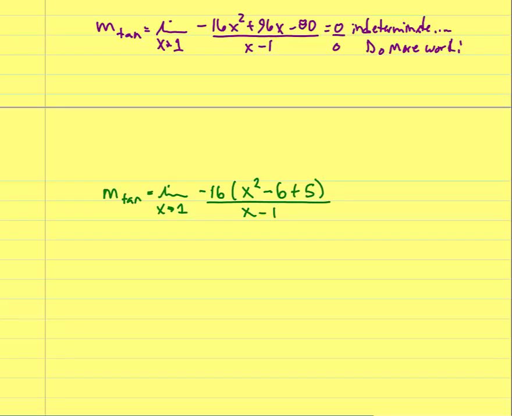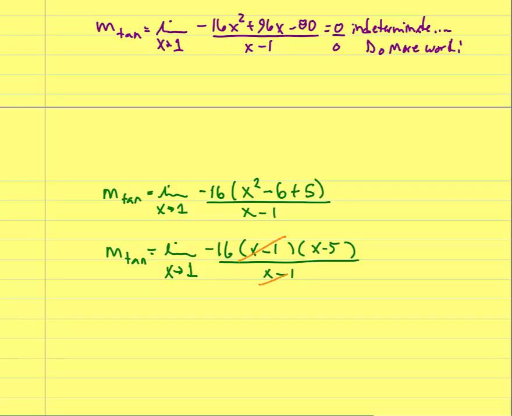Now I'm still not ready to take the limit because I would still have an indeterminate form. So the limit as x approaches 1, I have a negative 16, and then this numerator factors further into a product of binomials. This would factor into x minus 1, x minus 5. Now you can see that the good thing has happened here. The x minus 1's cancel.